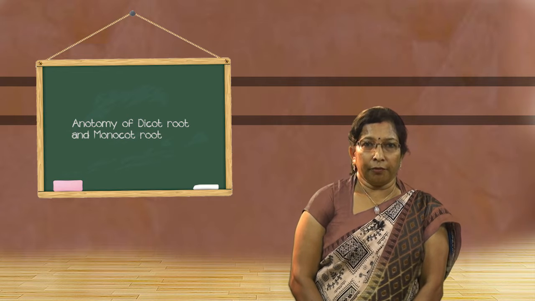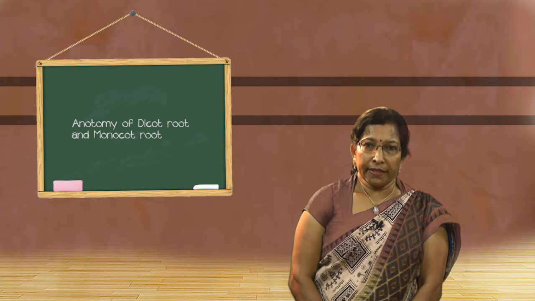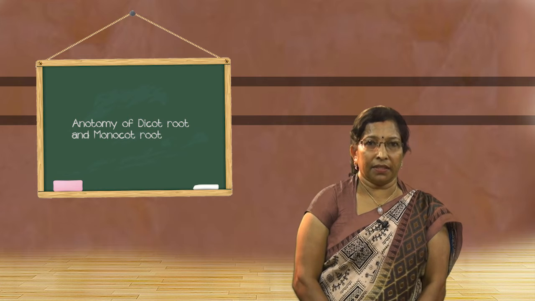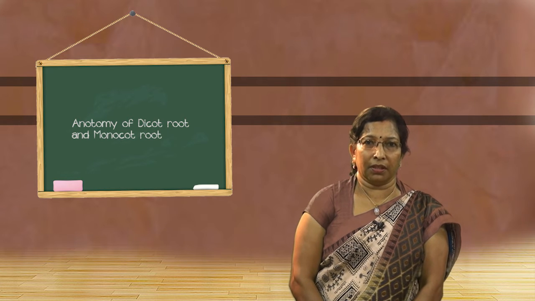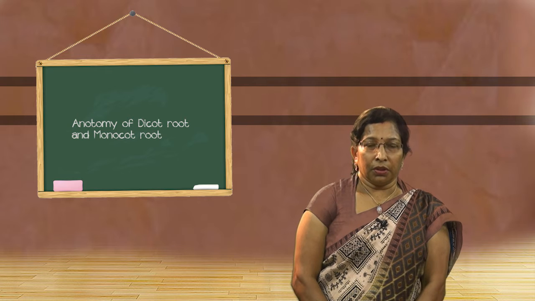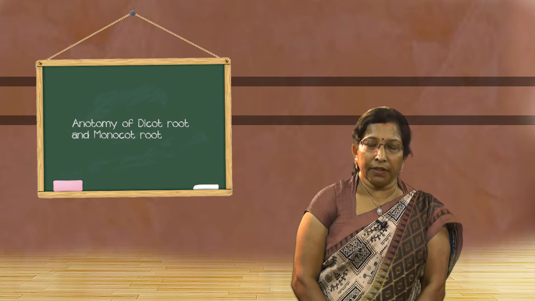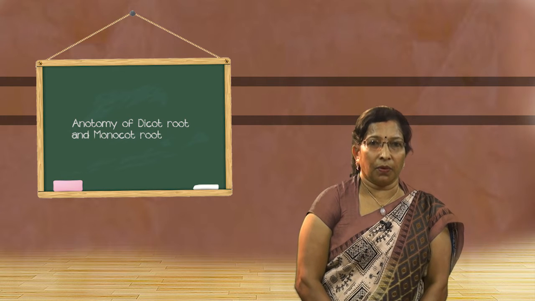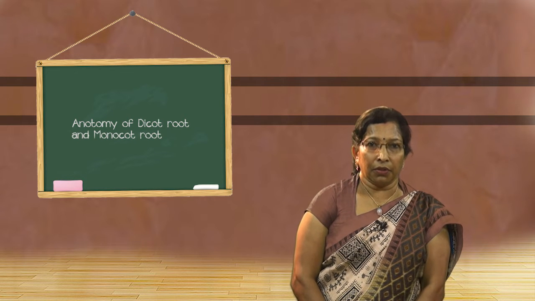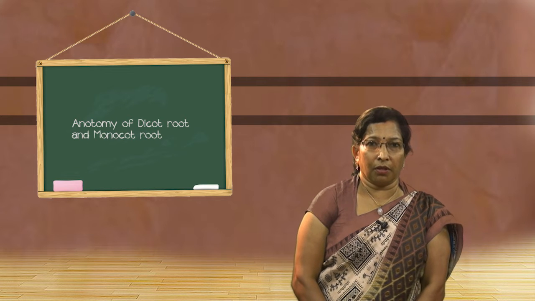Coming to the anatomy of monocot root, generally maize or sugar cane is given as an example for the study of monocot root. In monocot root, the outermost layer is epiblemma, and some of the epiblemma cells have produced unicellular extensions called root hairs, and these root hairs help in absorption of water.